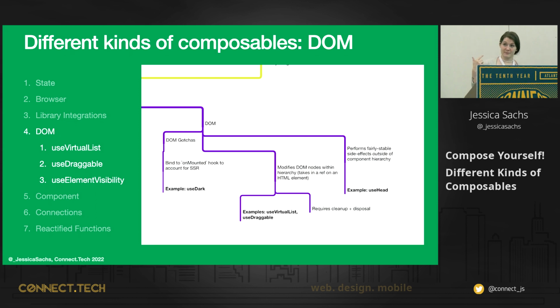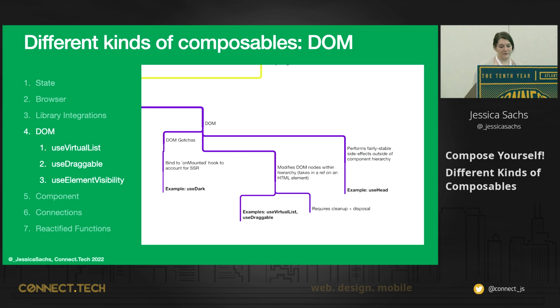You have to dispose of that ref, or else you will have a memory leak. So I categorize DOM composables in their own little section because they have different kinds of responsibilities than a vanilla browser API composable would. So you have your little DOM gotchas, take care of those.